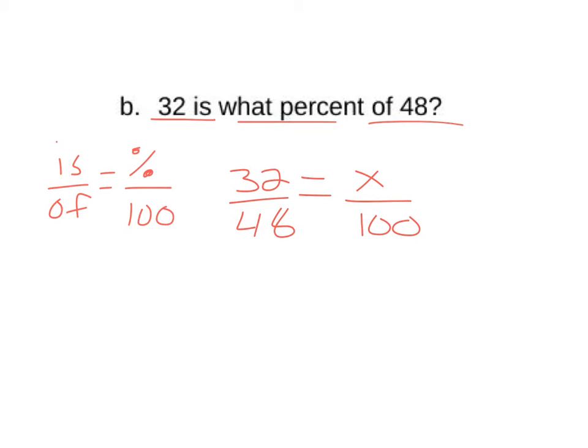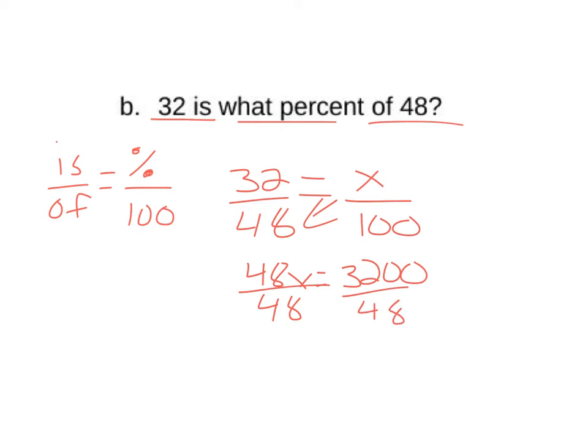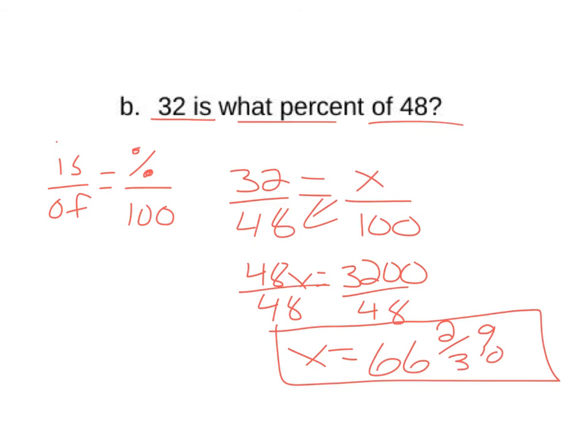So if we look at this 32 over 80, again, let's make sure we cross multiply. So we got 80x equals 3200. And if we divide by 80, x is going to equal, looks like 66.6 repeating, which is really 66 2/3%. Alright, let's look at another one.